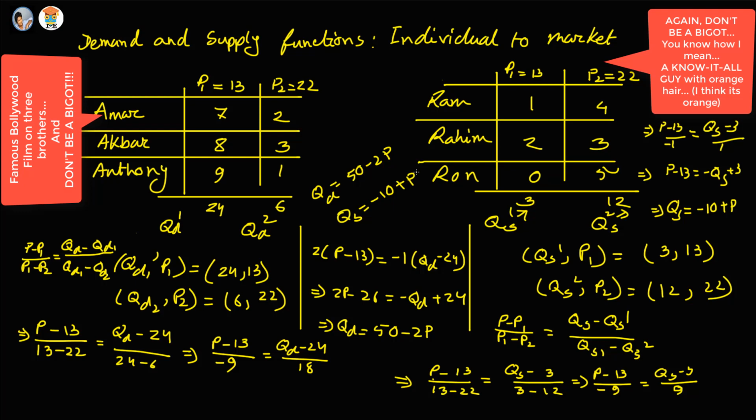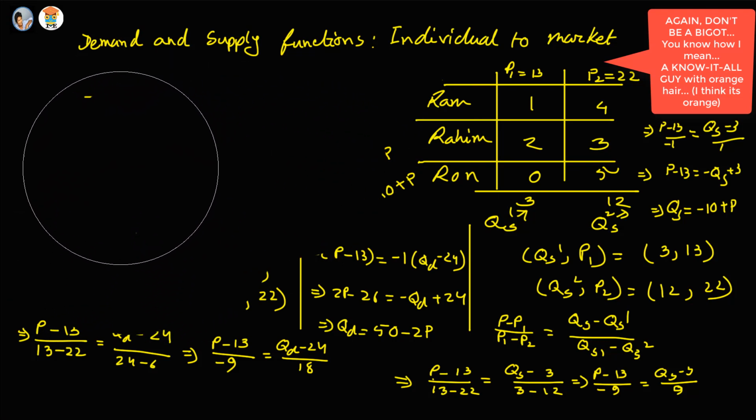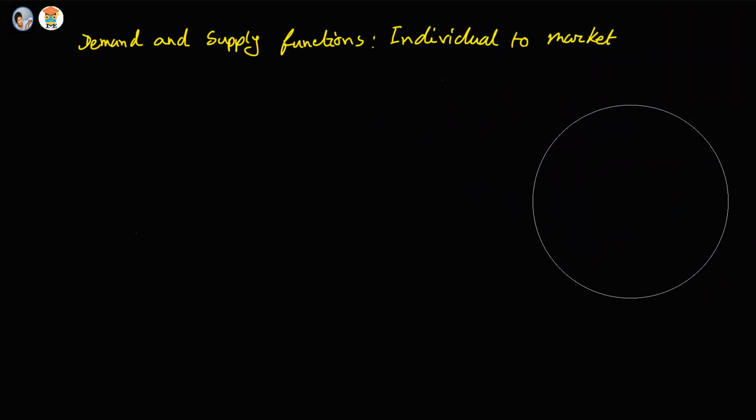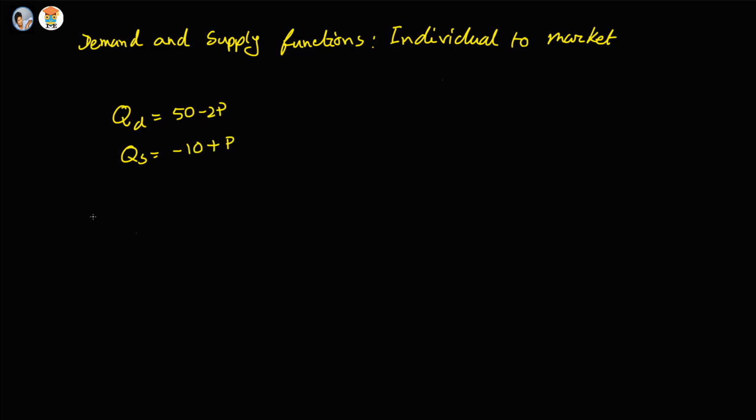We have some space, we can actually draw them on a diagram. So let us make some space. So the market demand function QD was equal to 50 minus twice P, and the market supply function QS was equal to minus 10 plus P. Now for the demand function, Q is equal to 50 minus twice P. As we have said, for the demand function we don't need to write D here.